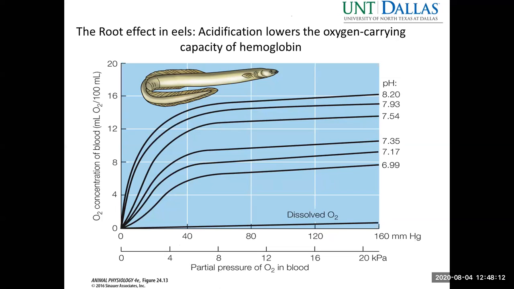Moving on to the next slide, we will talk about the root effect in eels. Acidification sometimes lowers the oxygen carrying capacity of hemoglobin.